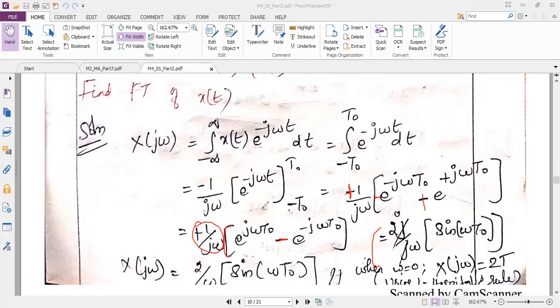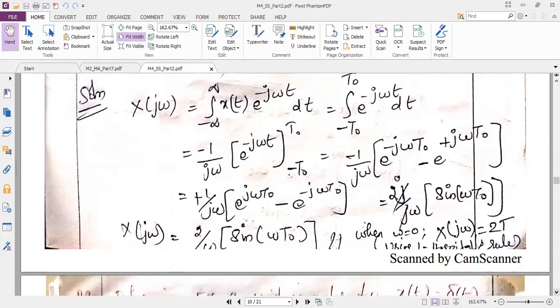And you know very well this bracket term is nothing but 2j sine omega t naught. Is it clear? Why 2j? In the original formula, it is e power plus j theta minus e power minus j theta divided by 2j.